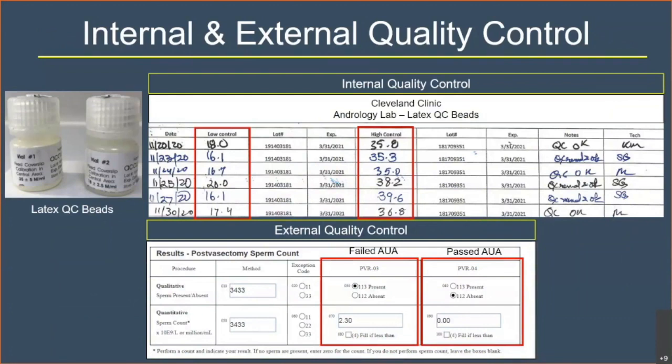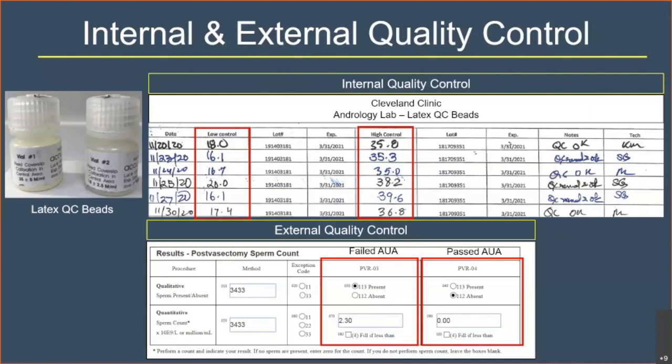And once they are within the reference range and have met the quality control and have been reviewed, then the lab is ready to do the test. The bottom diagram shows the external quality control, and this is results of the post-vasectomy sperm count, 2 analytes, which are sent by an EQC agency.